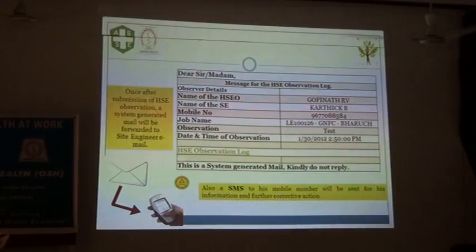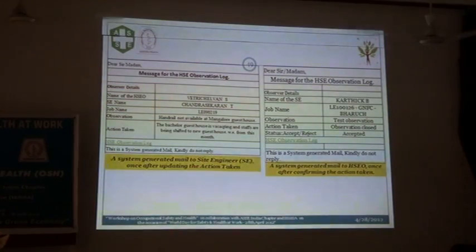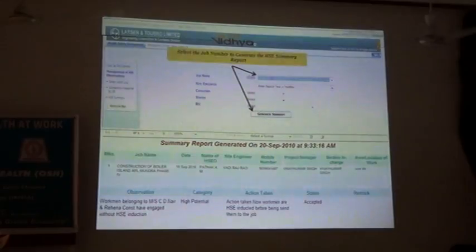And this is how the report comes: for every notification it goes to the mobile number, it goes to the project managers, to the job number, and we get a specific log in the portal as such. The observation log and the corrective actions are both visible here. A system-generated mail goes to them.